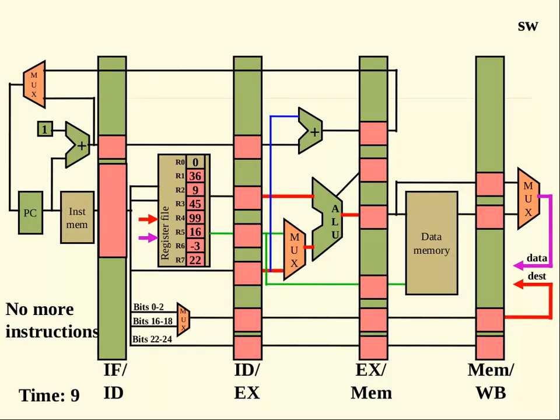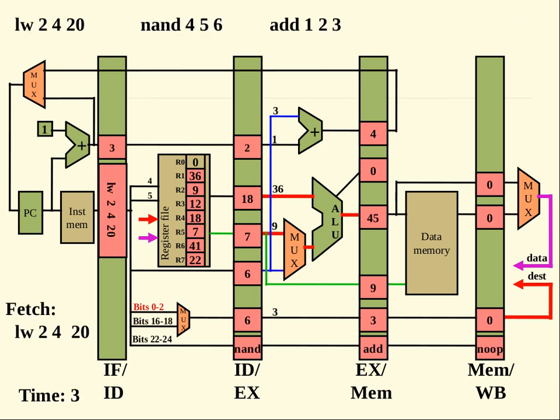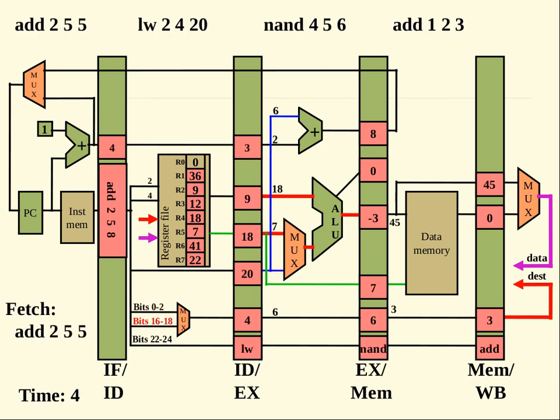All right, what could possibly go wrong in a 5-stage in-order pipeline? What if this NAND was, let's say, 3, 4, 5? What would happen?